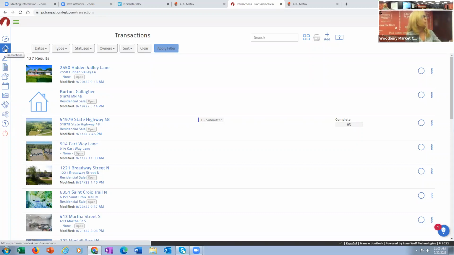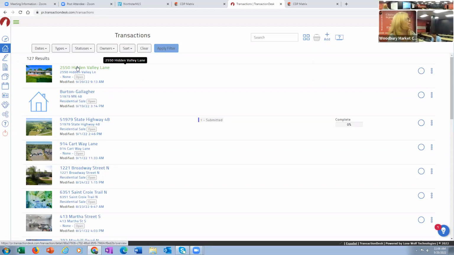So I'm going to jump in to, because all of you, if you remember, all of your listing paperwork and forms are in Instanet in the MLS. You create that transaction. I'm going to use this top one, Hidden Valley Lane in Stillwater, because I'm going to be listing this within the next month. We have to buy a house first, but I just thought it made sense to use something real.